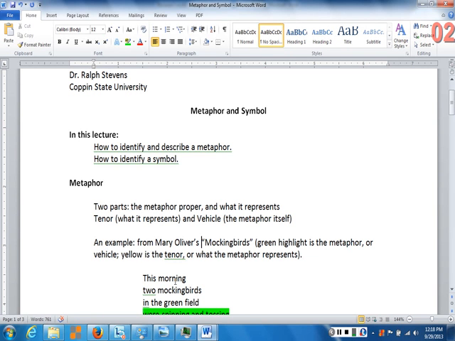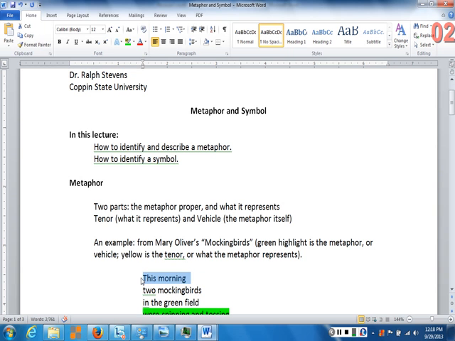And Oliver's poem begins. It's a long poem. This is just from the poem, it's not the entire poem. But the poem begins with a metaphor about mockingbird song. So let's look at it.